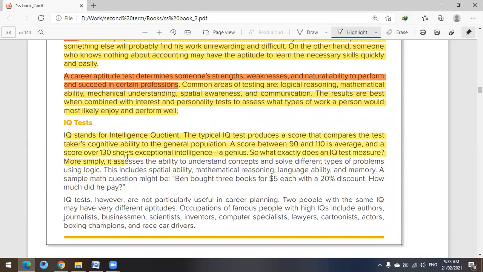In this part. The scores of IQ tests. It's like what? The score between 90 and 110 means what? As you see? Tell me about the scores.